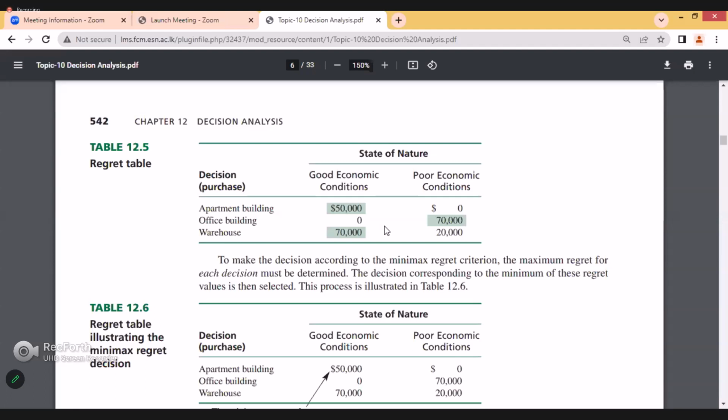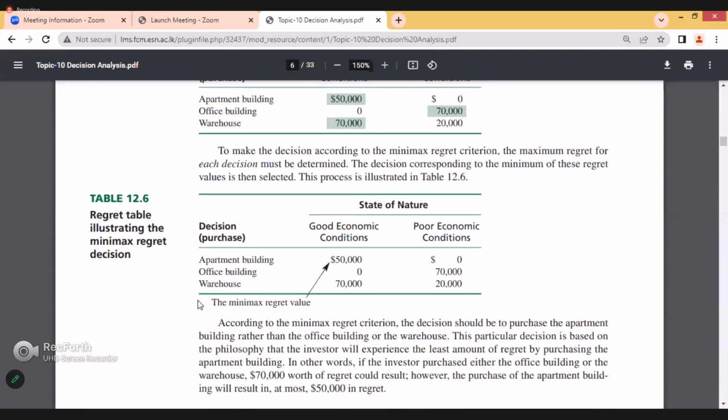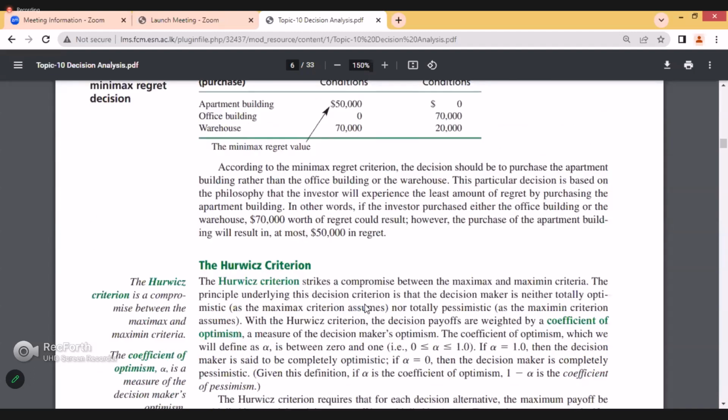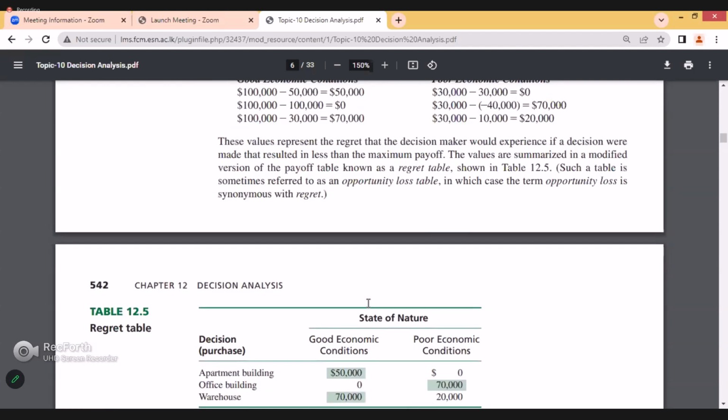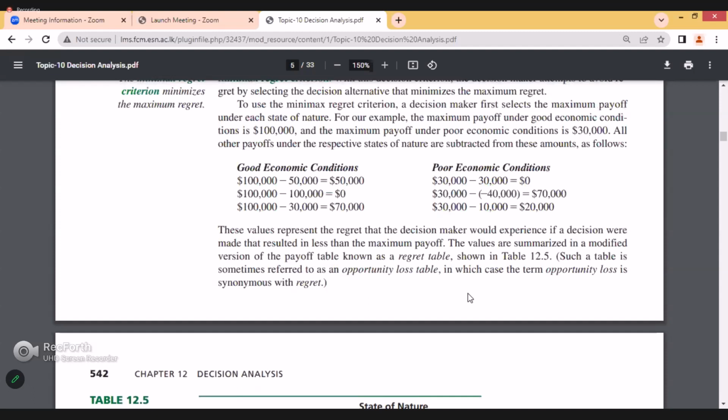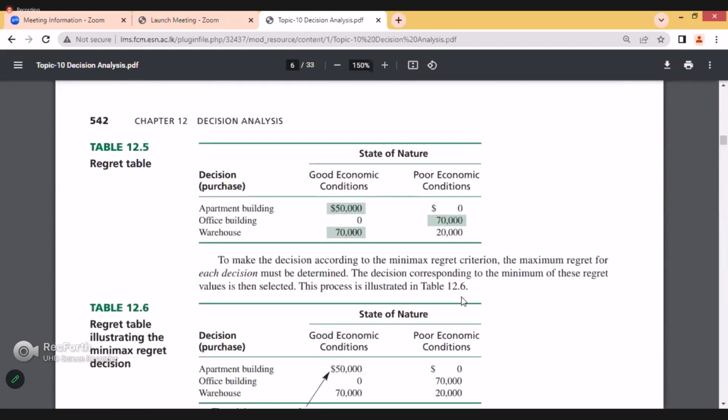So now, based on this table, minimax. After developing a regret table, how do we make a decision according to the minimax regret?